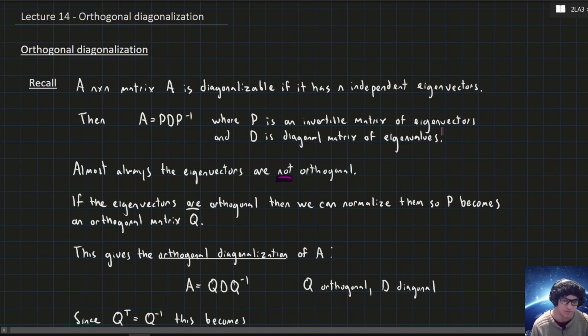But if they are orthogonal, then we can normalize those eigenvectors, and so this P becomes an orthogonal matrix, Q. For some rare matrices, this does happen, but for a matrix you pick at random, it won't.